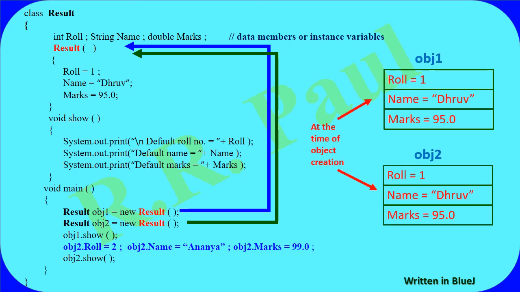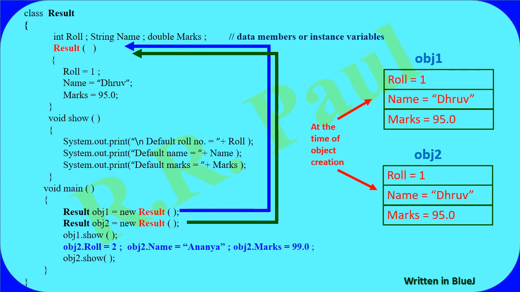When the objects are created, then obj1 along with its own set of instance variables start existing, and obj2 along with its own set of instance variables start existing. So at the time of object creation, both the objects will have the same set of values because we are calling the same constructor at the time of object creation.